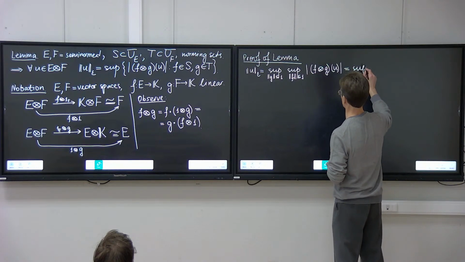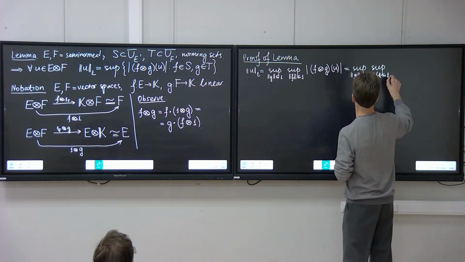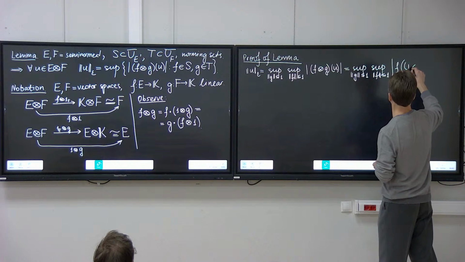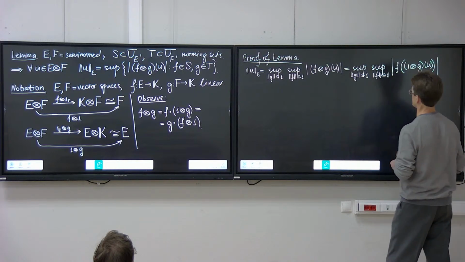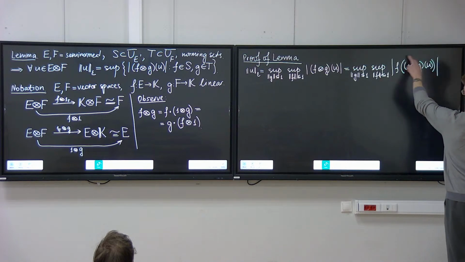So we keep the supremum over the unit ball here. And we write this as F applied to 1 tensor G of U. So now what is this?